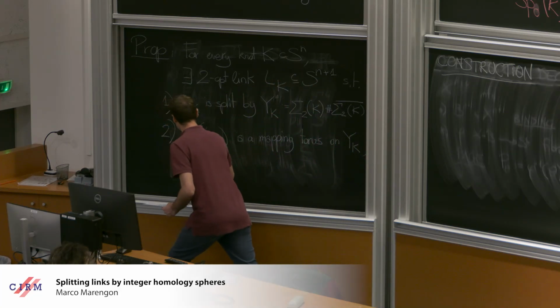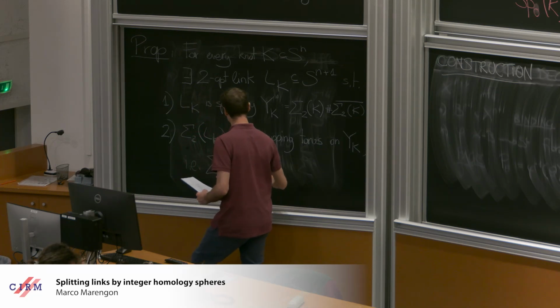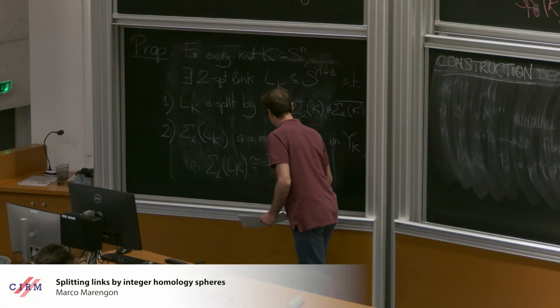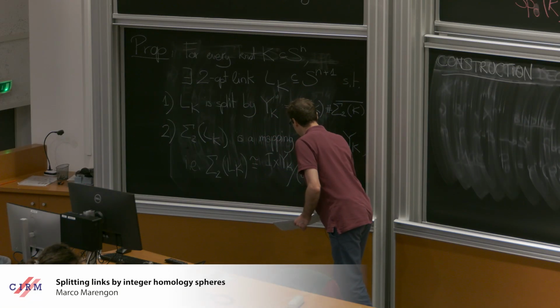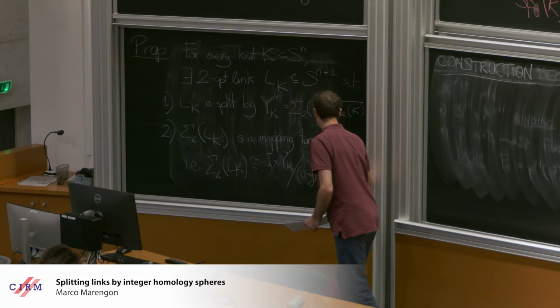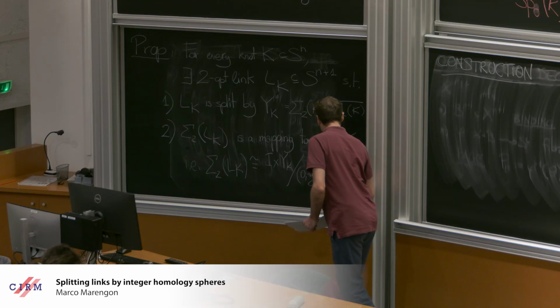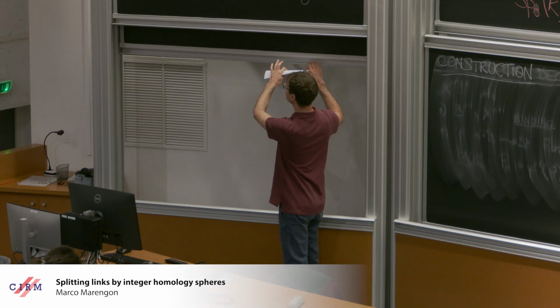In other words, sigma_2 of L_K is diffeomorphic to interval cross Y_K modulo an equivalence relation that identifies points (0, y) with (1, h(y)) for some monodromy h. I'm going to move it up so you all read it.